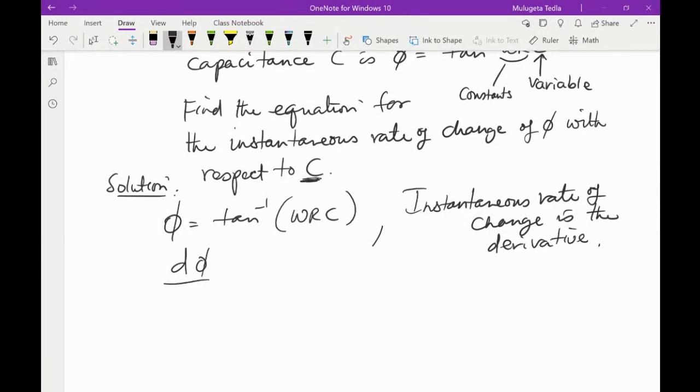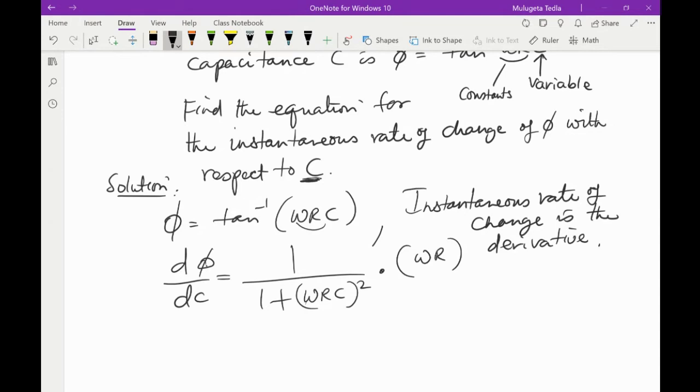So d phi by dC is, what is the tangent inverse derivative? 1 over 1 plus the value of u squared, WRC squared, times the derivative of the angle, which is WR.